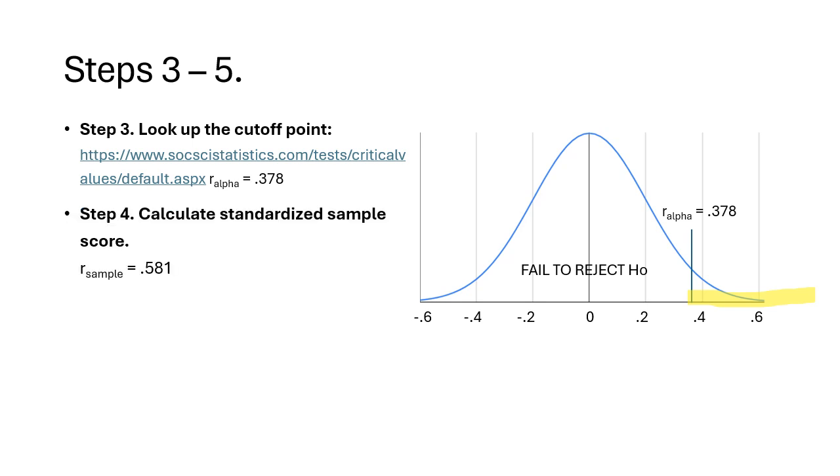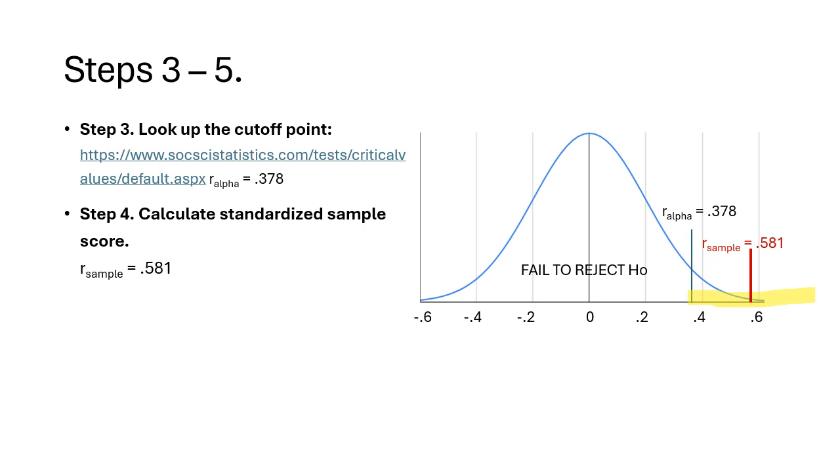And continuing on, we can calculate the standardized sample score, which in this case is the Pearson R score. And so the R sample score, I already did the math. And of course, you'll be doing the math, but we'll do that in a different lecture. And we have a 0.581. And so we can see that this 0.581 falls within the shaded region of the distribution.